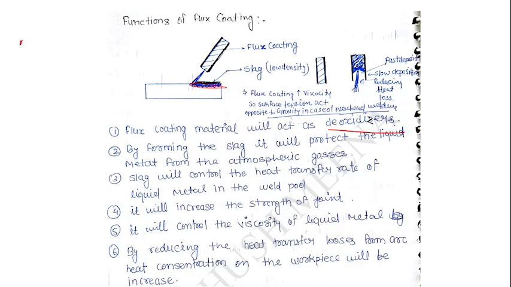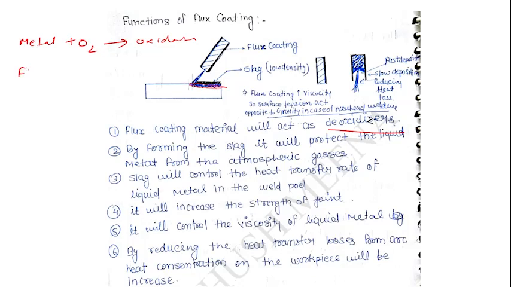The molten metal will react with the oxygen and oxidation will happen. These oxides will degrade the property of your weld, right? So what will your flux do? Now we will use the kind of flux that will also start melting with the electrode material.